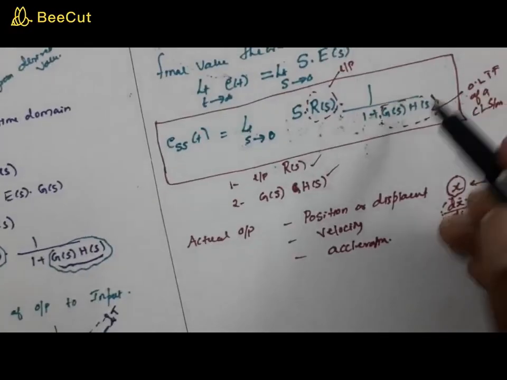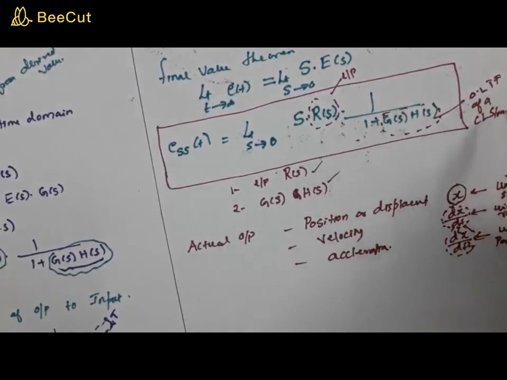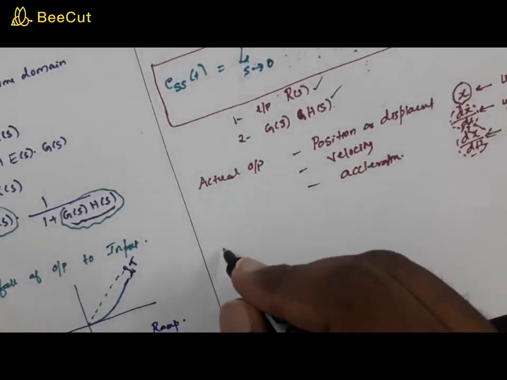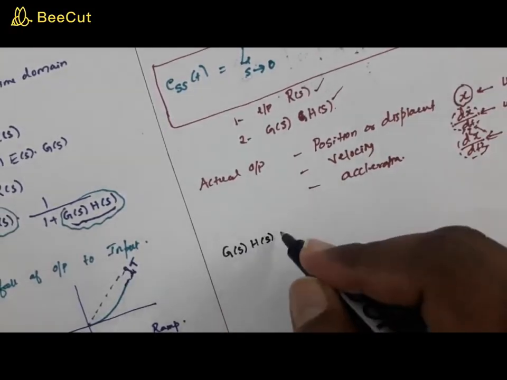Now the second point which it depends on is the open loop transfer function of a closed loop system. A general open loop G(s)H(s) is actually a polynomial.